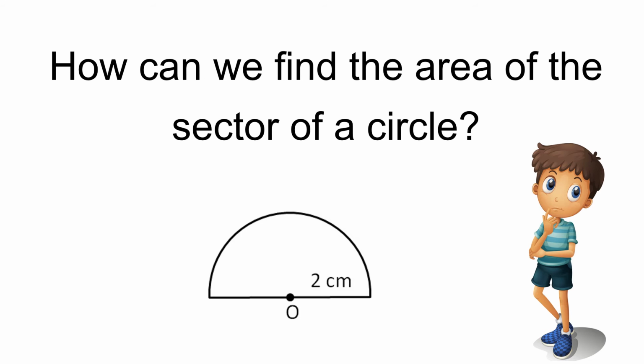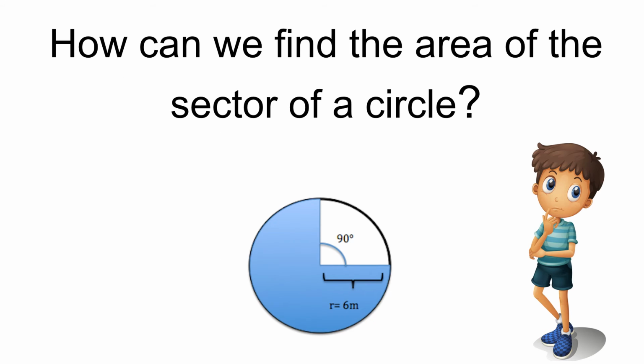Good job, guys. How can we find the area of the sector of the circle below? Look at it very closely. Yes, that's correct. That looks like a quadrant of the circle.